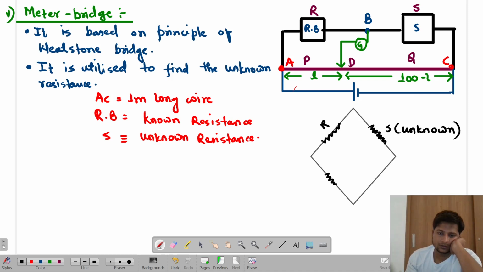Here is P, but P, can I write it as rho into length L, where rho is my resistivity?